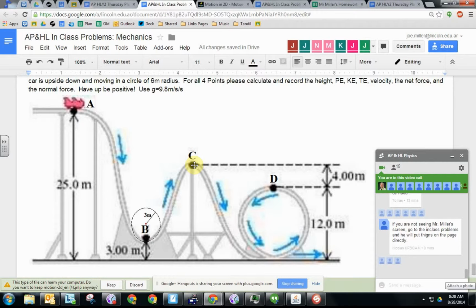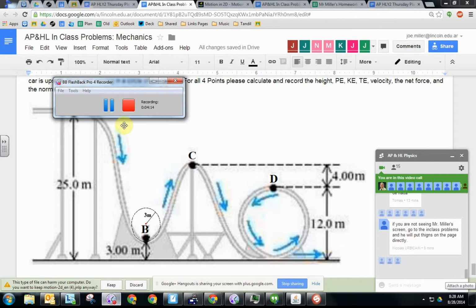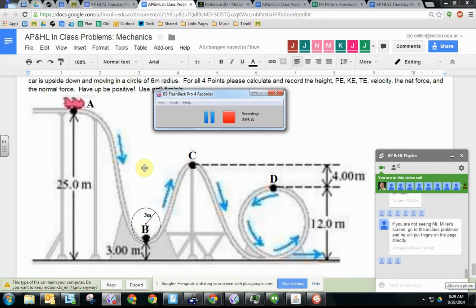But the key to all of these is that the net force, which is typically just the combination of gravity and the normal force. So you add your gravity force, you add your normal force as vectors, which means sometimes you subtract them if they're in different directions. But you combine those two vectors, the one for normal force and the one for gravity, and that gives you your net force.